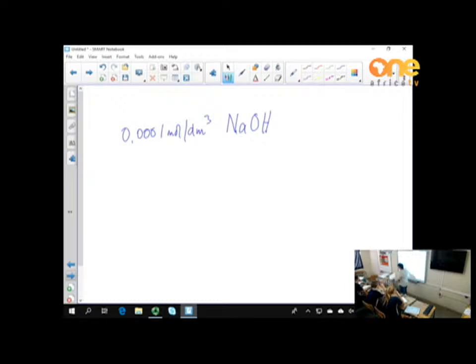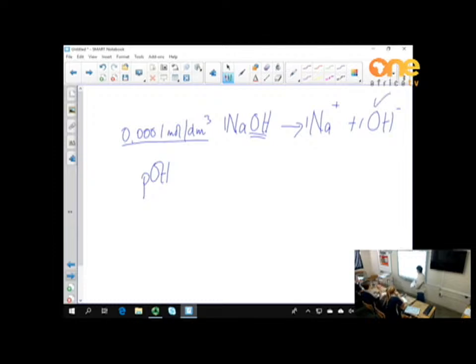In this case, the easiest way for me would be to work out the pOH. Because if this is in solution, it's going to break up and form sodium and hydroxide ions. For every 1, I will get 1 and 1. So for every so many moles in the cubic decimeter, I will get the same amount. Do you understand? So I've got the hydroxide ion concentration.